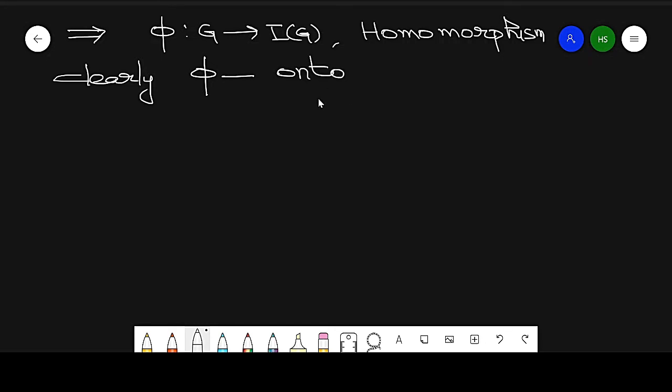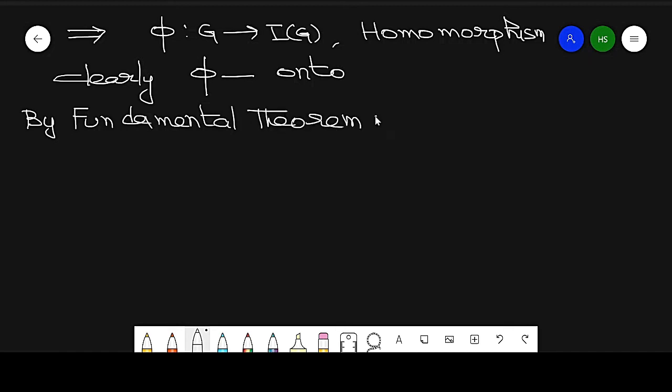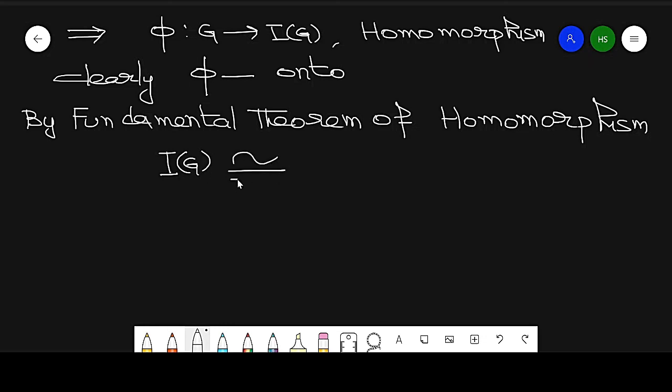Now it is a homomorphism and it is onto. So by the fundamental theorem of homomorphism, the right hand side, which is I of G, is isomorphic to G by kernel of phi.